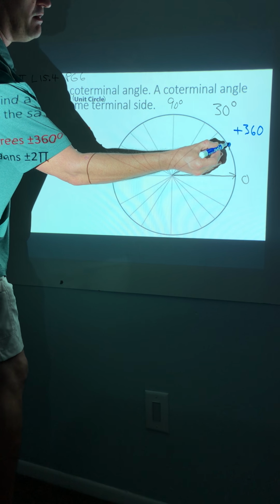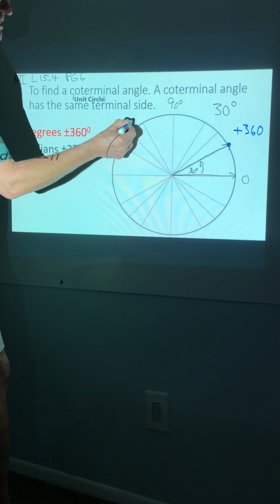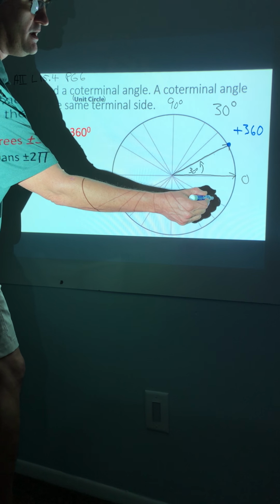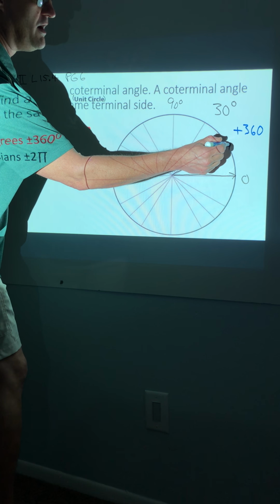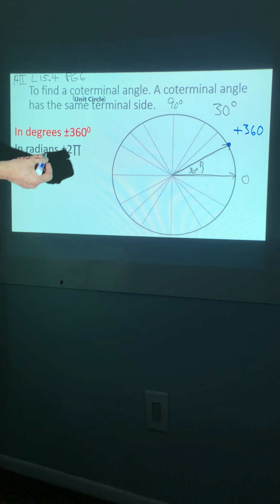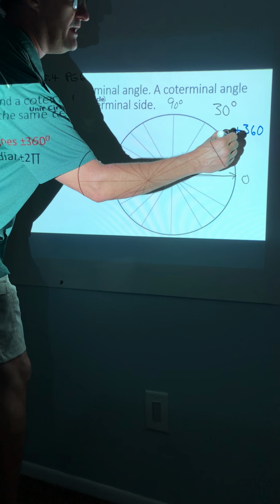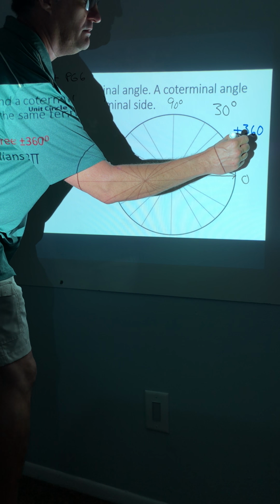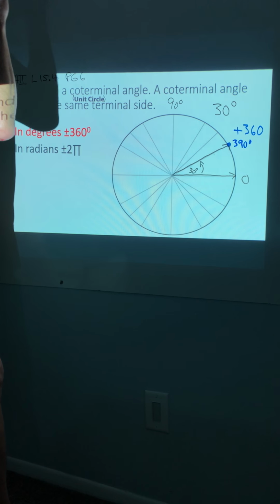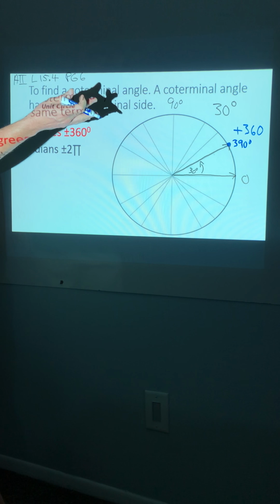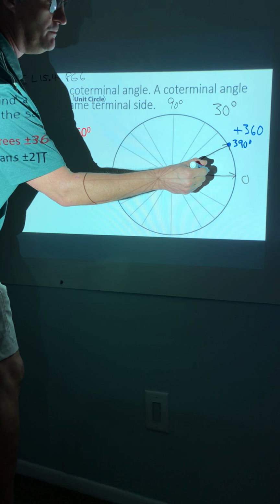But think about it, if you rotate 360, you end up landing right here as well. And if you add 360, now this would be 390.